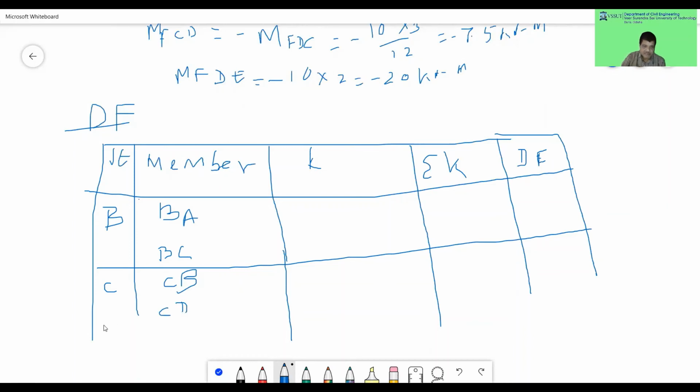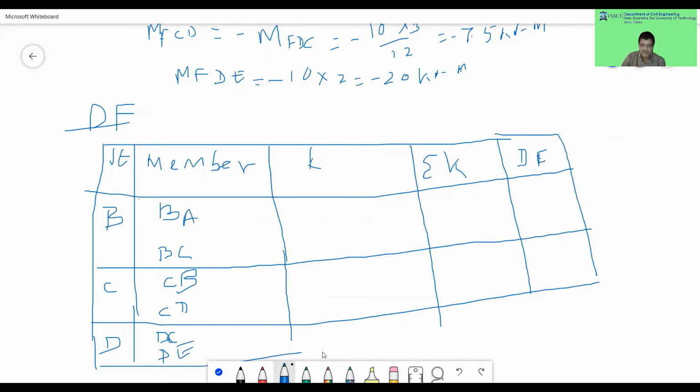Then joint D, we have members DC and DE. Now we'll put all the things in this distribution factor table in tabular form.